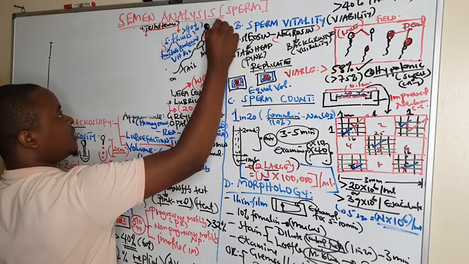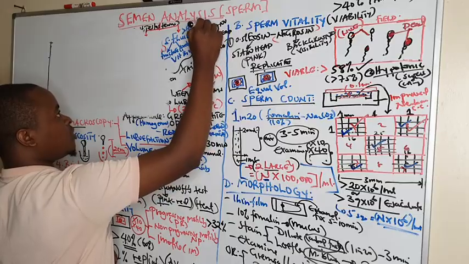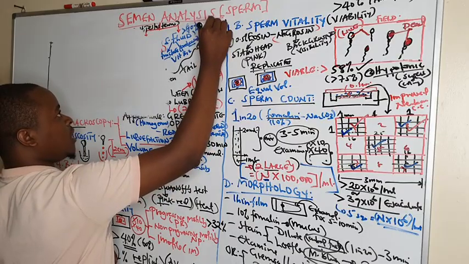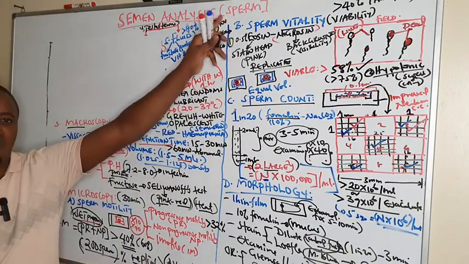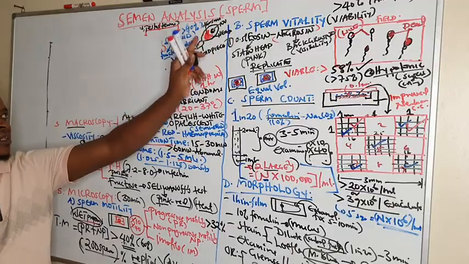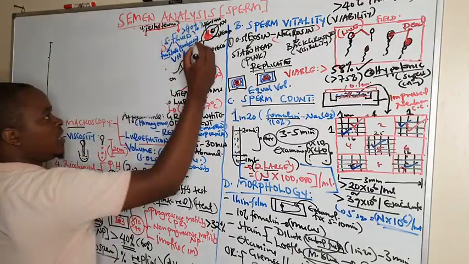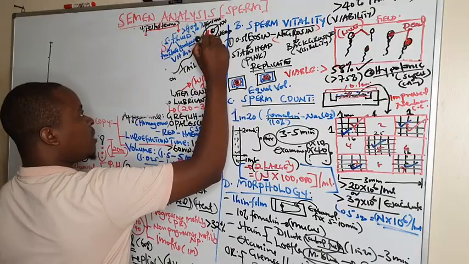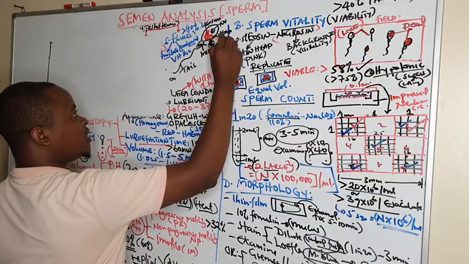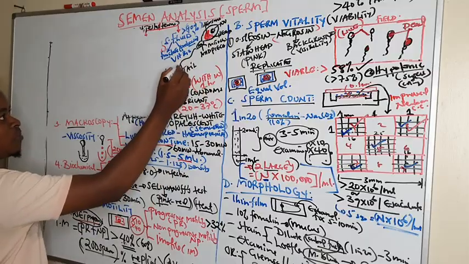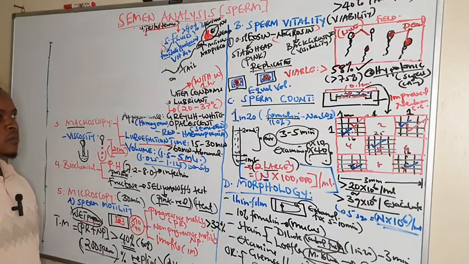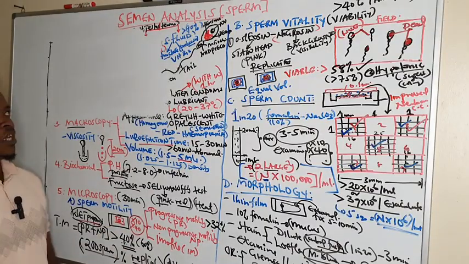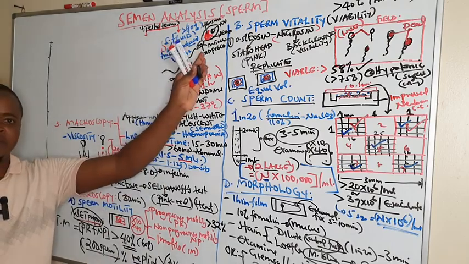And the head contains the nucleus and the acrosome. This is what we call the acrosome. Acrosome and nucleus are contained within the head. Then we have the neck, and the neck or midpiece contains what we call mitochondria, which provides energy for the propulsion of the sperm tail.